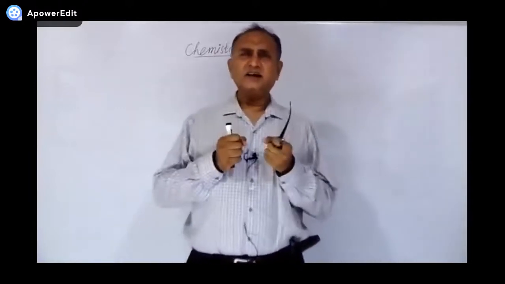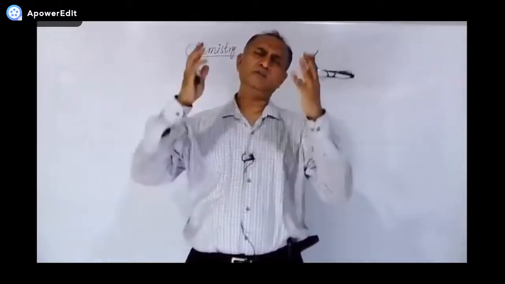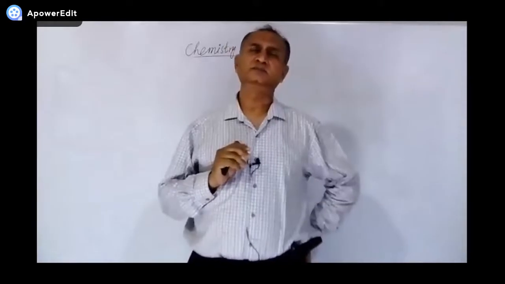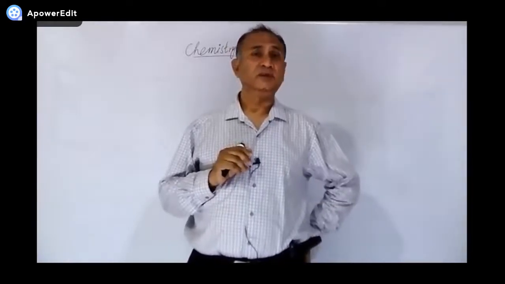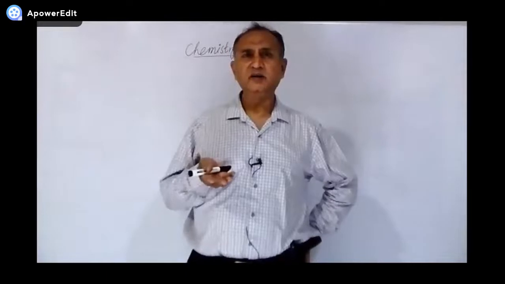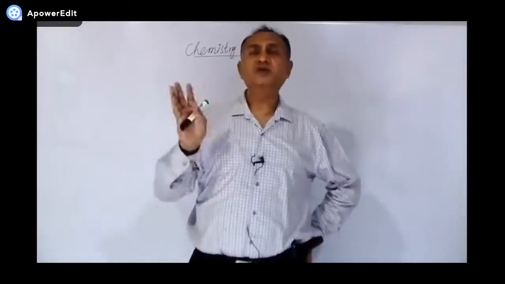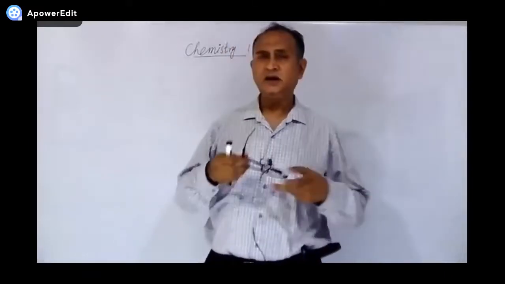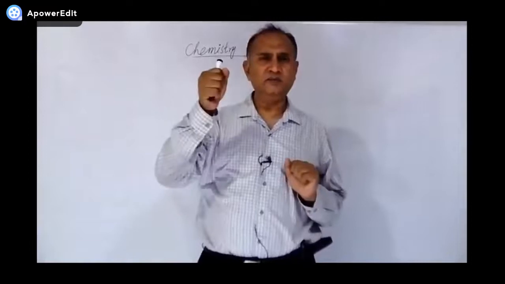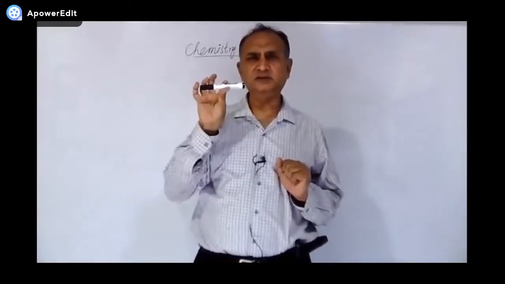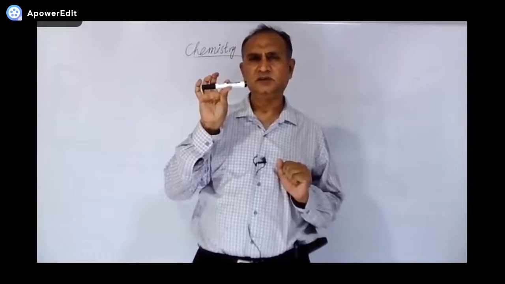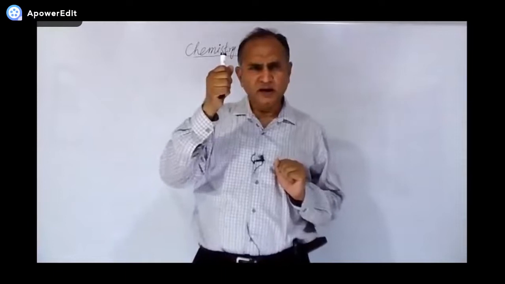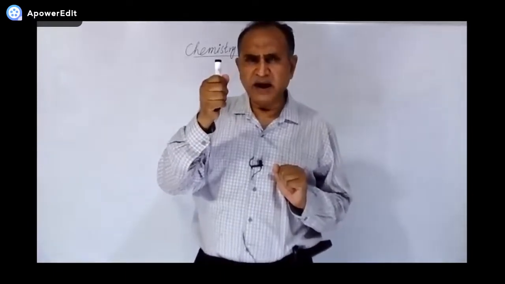there are compounds, thousands of compounds, in which no sharing occurs. When sharing is not occurring, what else? In such compounds, transference of electrons occurs. Suppose this is one atom and this is its electron. Mostly this atom is a metal.